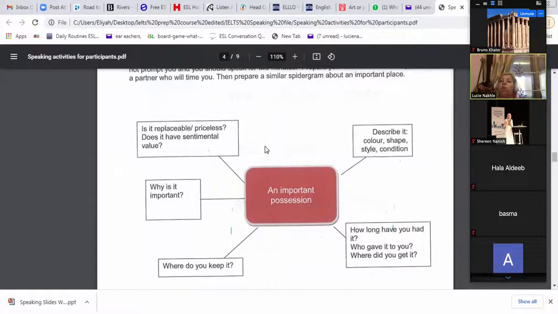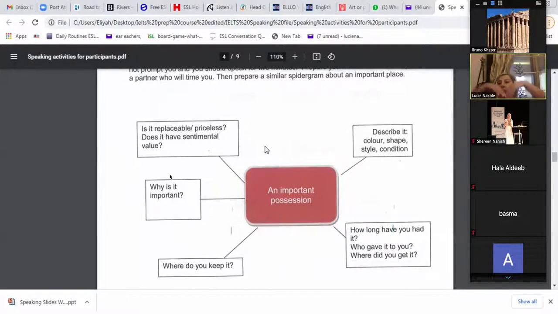So I'd like to ask one of you about an important possession. For example, ask Bruno about an important possession that he has and he values. Bruno looks at the topic, at the booklet, and he thinks, possession? What is a possession? I don't know this word. My MacBook.